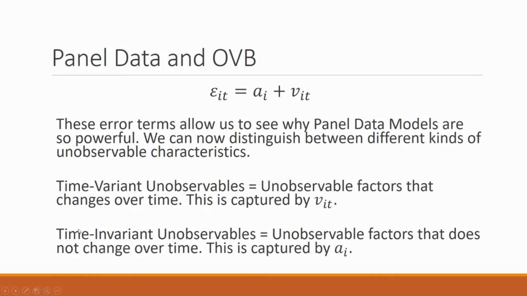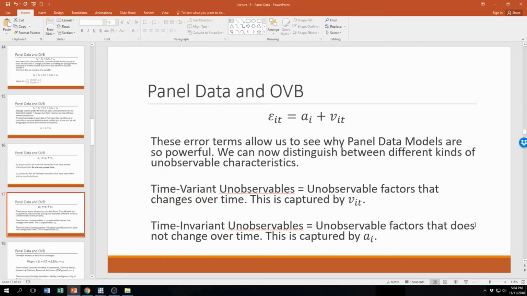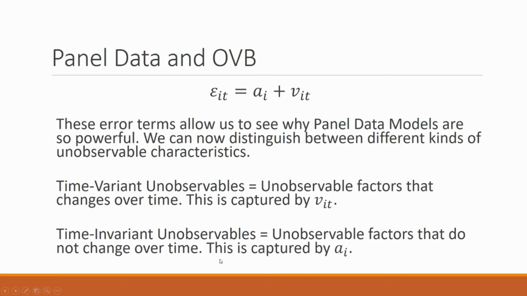All right. And now I also have time-invariant unobservables. These are unobservable factors that do not change over time, that do not change across time. So these are captured by A_i.